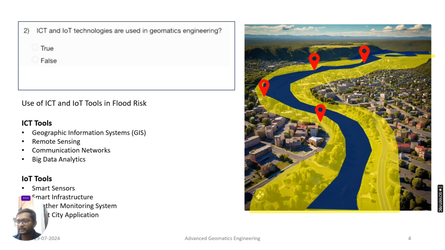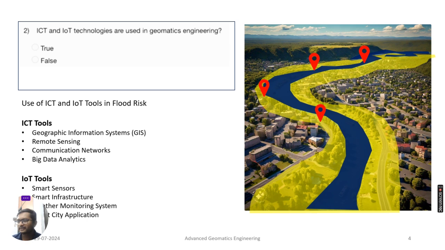So that's why we have to learn how to handle big data sets through the clouds and other technologies. Those things come under ICT tools, and then we have IoT tools, the Internet of Things, which come under smart sensors, smart infrastructures, monitoring systems, and then the applications related to the smart city.